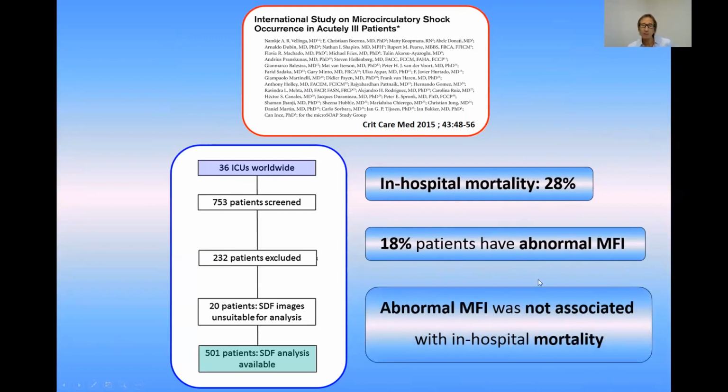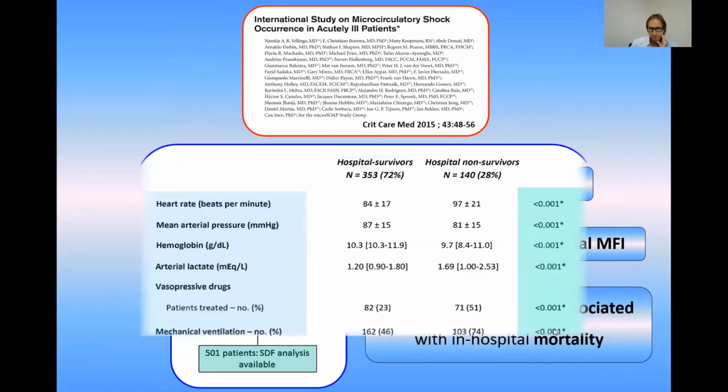So this result is probably disappointing for the authors of this study, because all these authors recommended the use, and still sometimes recommend the use of this technology to assess microcirculation, but in fact, there is no association between disorders of the sublingual area microcirculation and mortality.